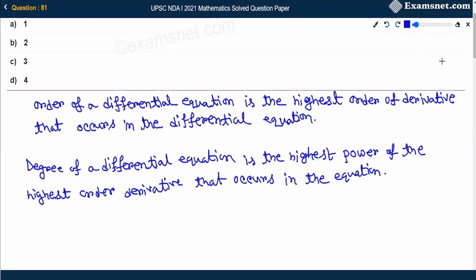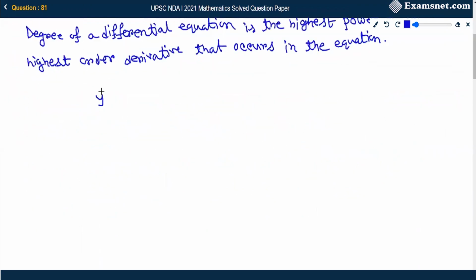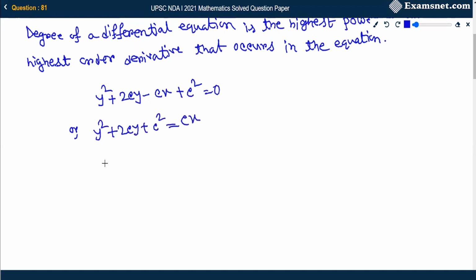Okay, mind that. Now here we are given with the equation that is y square plus 2cy minus cx plus c square equals to 0. Let's simplify it. Cy plus c square equals to cx, y plus c whole square equals to cx. Correct?